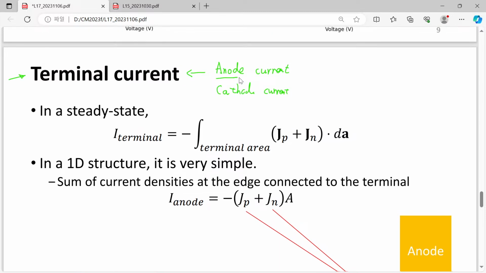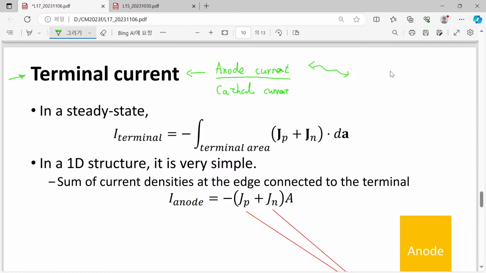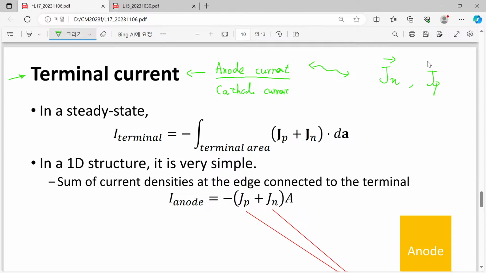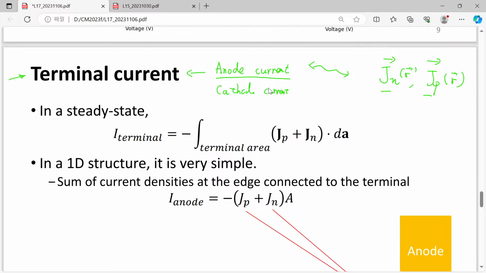So let's consider anode current, and please try to relate this anode current to electron current density and hole current density. What is the relation between this current density at a given position and anode current?